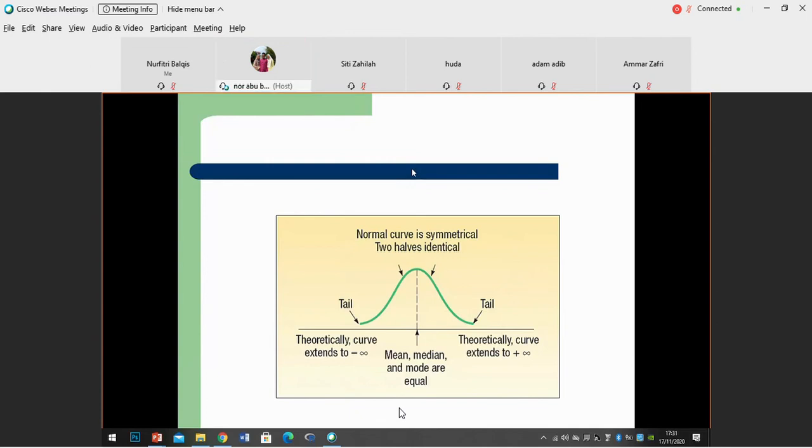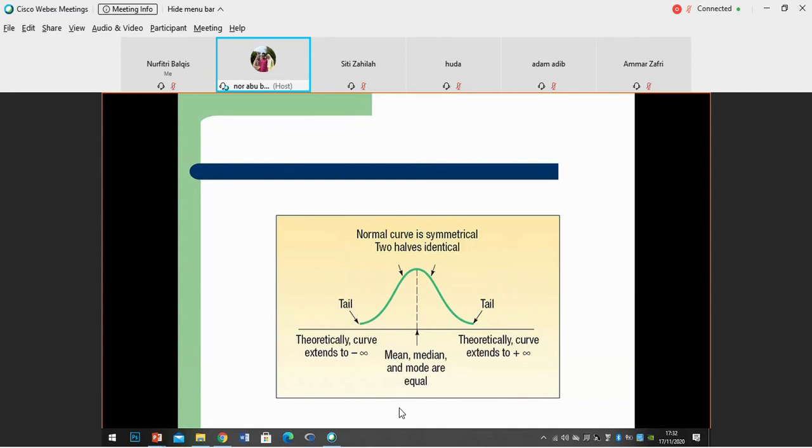And mean is also in the middle because it is symmetric. So mean, median, mode are equal and the curve extends to positive and negative infinity. Jadi dia akan pergi terus saja, pergi terus sampai ke syurga. Alright? So this is the characteristic of normal distribution.